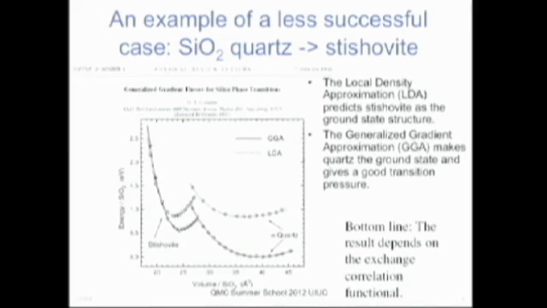But where it starts to fail sometimes is when comparing the energies of different structures. And this is a famous paper by Don Hamann from, what is the year there? 96. Yeah, the 90s, 96, showing that if you apply the local density approximation, which I'll be explaining in a few minutes, to quartz and stishovite, so a low density version of SiO2 and a high density version of SiO2, then the local density approximation makes the high pressure form be actually the zero pressure form.